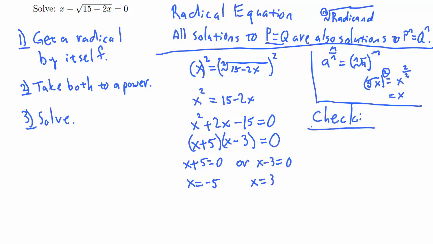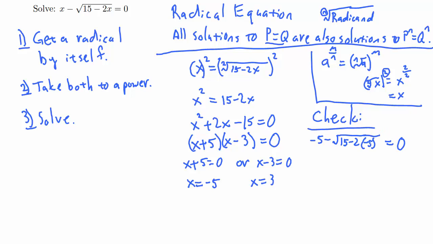So, if we check, we have x minus the square root of 15 minus 2x equals 0. I'm going to replace x with negative 5 first. That makes this negative 5 minus the square root of 15 minus 2 times negative 5, and that's going to be equal to 0, we hope.